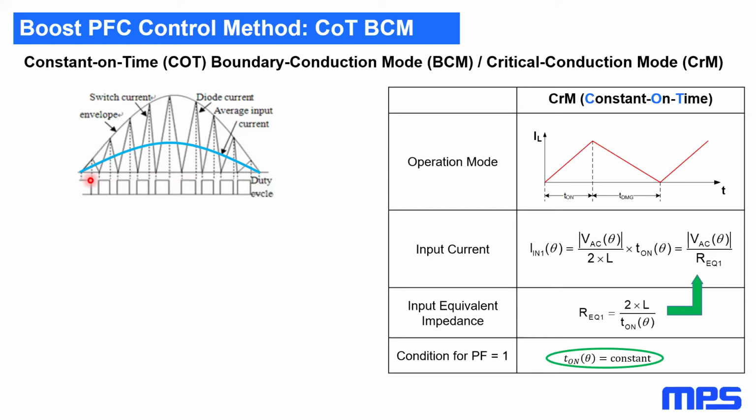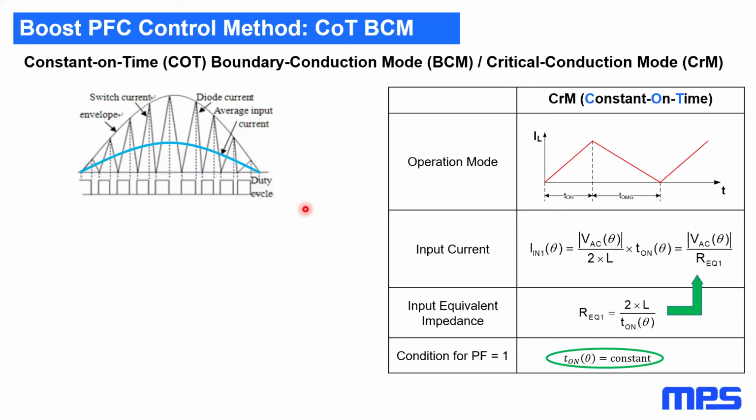We're relying on the fact that when you apply a voltage across an inductor, there will be a current flowing into it, and that current is proportional to the input voltage. If you know the basic equations for an inductor, you know that V equals L di over dt. So if you rearrange this, you can see that the input voltage, so we're looking here at the average input voltage, the one that's represented in blue.